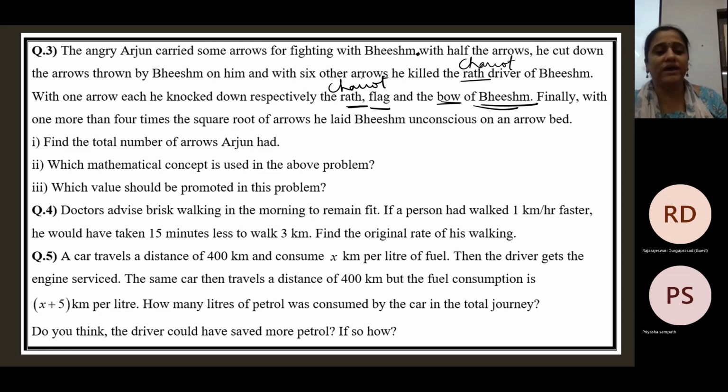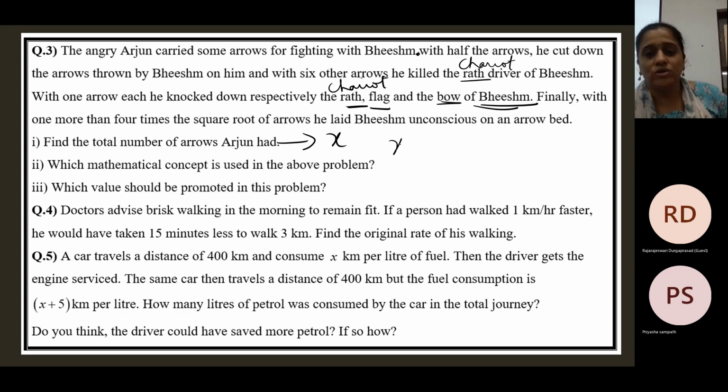So let the number of arrows be X. We'll do this together. So now let's start. The angry Arjun carried some arrows for fighting with Bhishma. With half the arrows, X by 2. Half the arrows, not 1 by 2. If he carried 100 arrows, half the number of arrows is 100 by 2, 50 arrows, not 1 by 2.